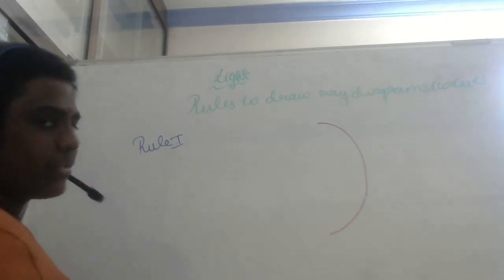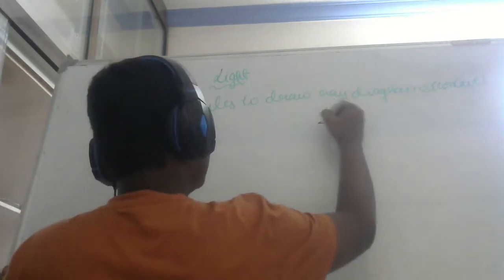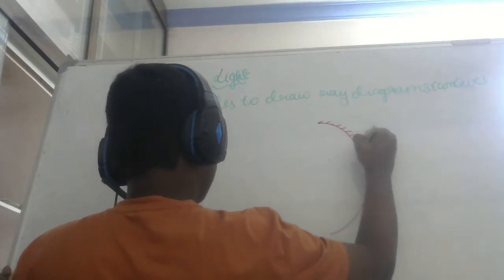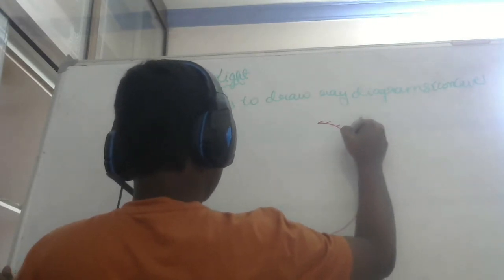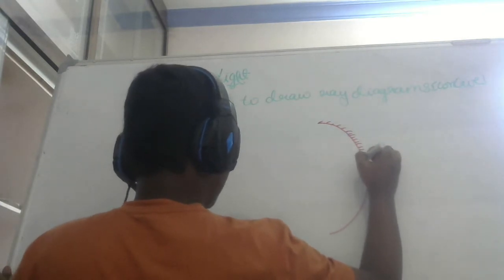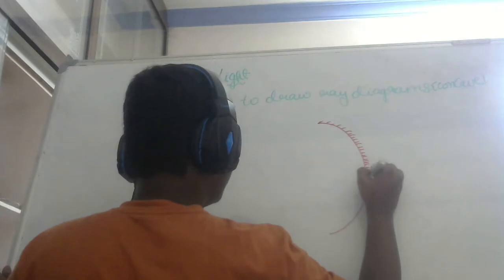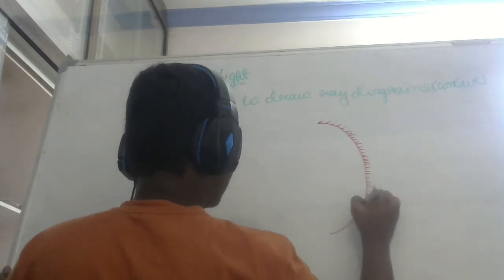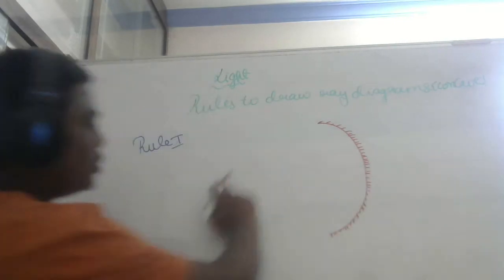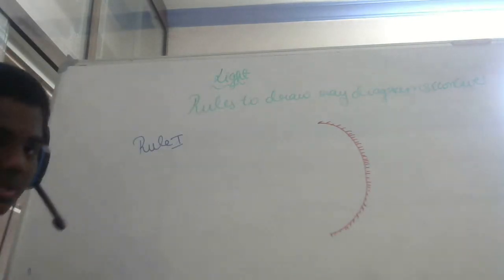You can draw this concave mirror using a compass so that you get approximate or exact values. A concave mirror is nothing but one whose reflecting surface is inwards.